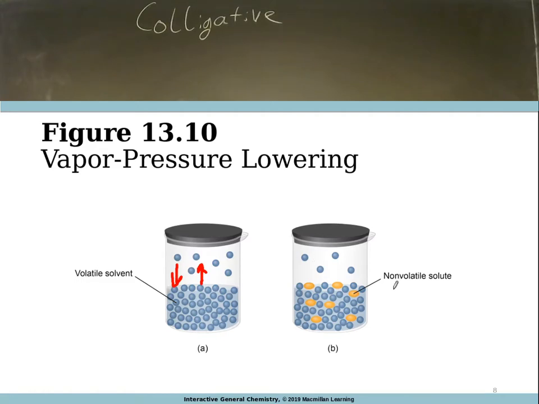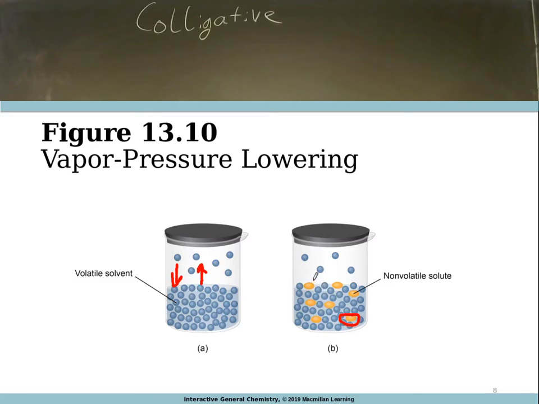Well, on the right here we have a solution with some non-volatile solute in it, like maybe salt. Salt doesn't have a high vapor pressure. It's a solid at room temperature. And when you dissolve salt into water, it still doesn't have a vapor pressure. You don't have salt escaping into the atmosphere. However, it does occupy space. It is really there.